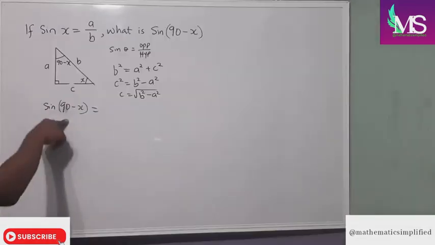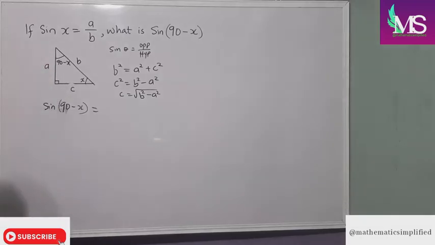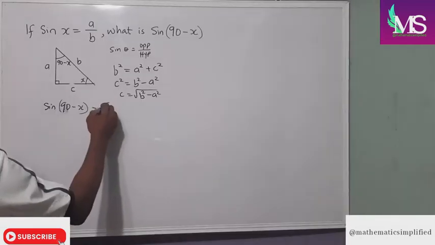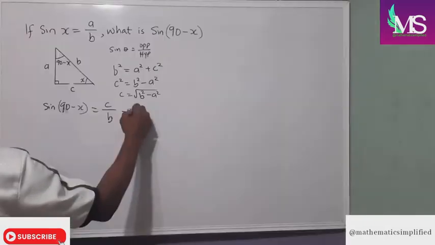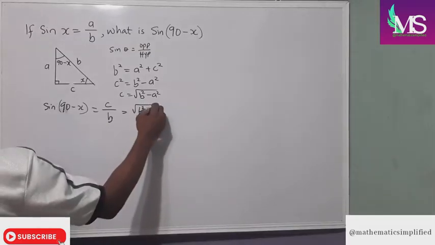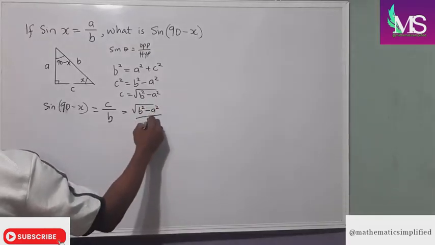So sine 90 minus x, considering this angle, will give us c over b, and c is root b squared minus a squared, all over b.